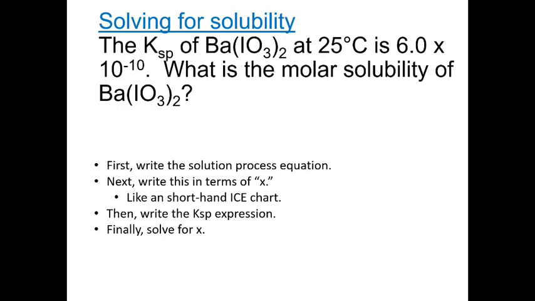First, we're going to write the solution process equation where some kind of solid is going to dissolve into two aqueous things. Then we're going to write that in terms of x, kind of like we did before underneath, the shorthand ice chart, paying attention to any coefficients. And we'll also write an equilibrium constant expression, and then we'll be able to solve it for x to find that molar solubility that we're looking for.